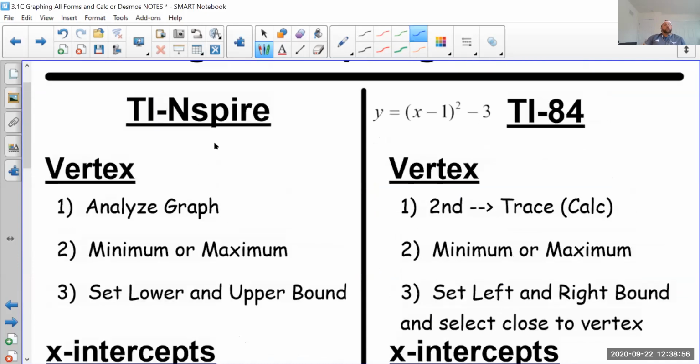If you're using an Inspire, the way that you find the vertex is by saying analyze graph. So on your graph, you're going to go to menu and then analyze graph.